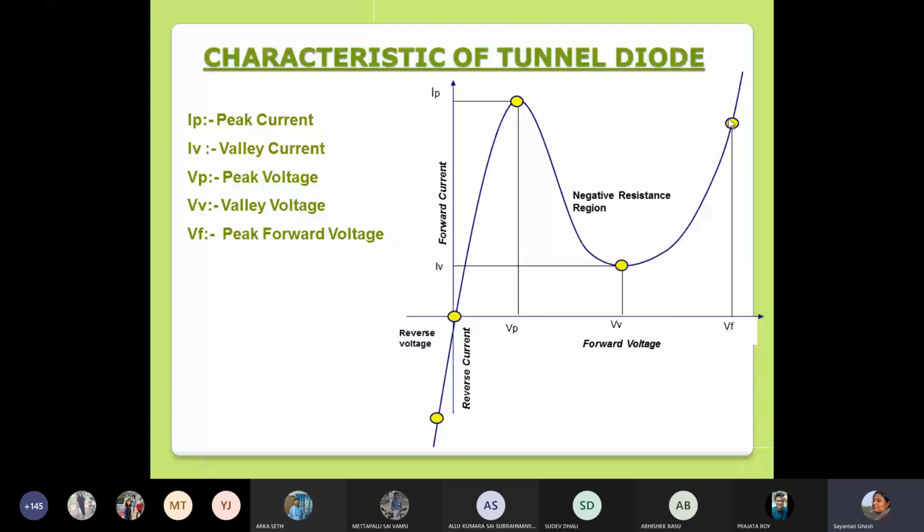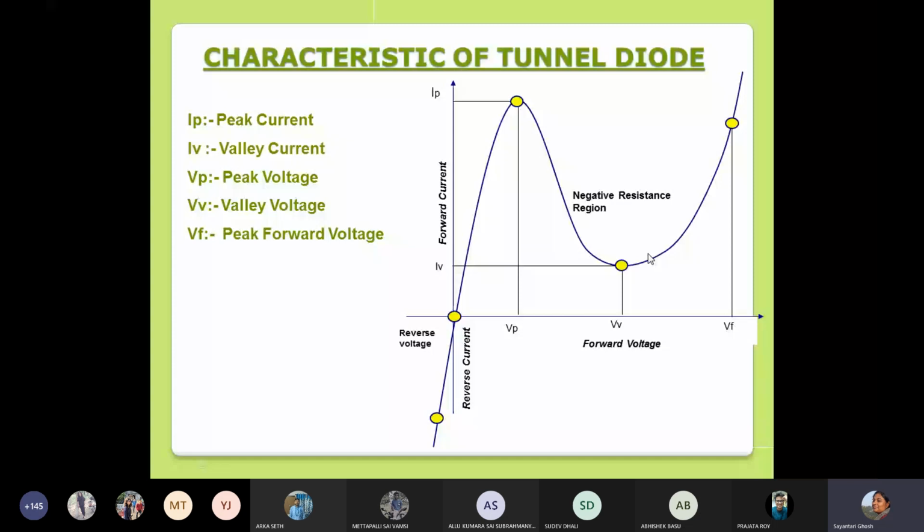Beyond that, the current can increase further when you have only the forward current flowing in the circuit. That particular voltage is called peak forward voltage. So peak forward voltage is a value where you reach the peak current value once again while increasing for normal forward current. So these are the different nomenclatures. The minimum current flowing here is called valley current, and so on.